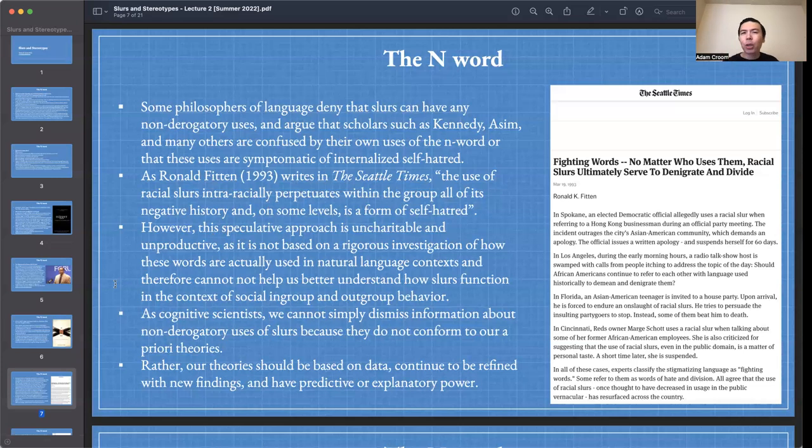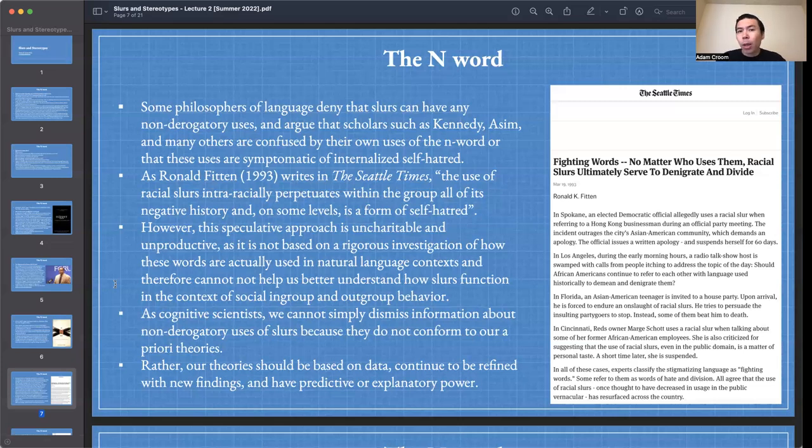So methodologically, our theories should be based on data. We should continue to refine our theories with new data that comes in, and our theories should have some predictive or explanatory power. Insofar as we're committed to saying slurs are just always bad and are never reclaimed, that theory doesn't have explanatory power.